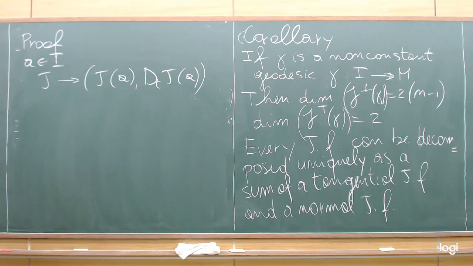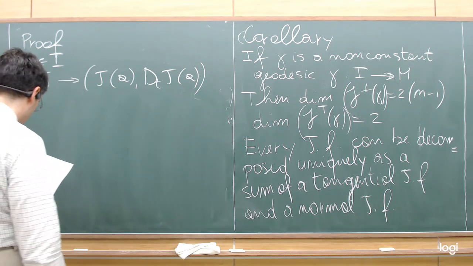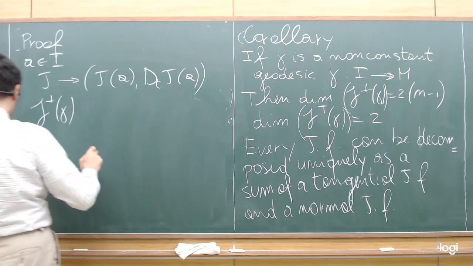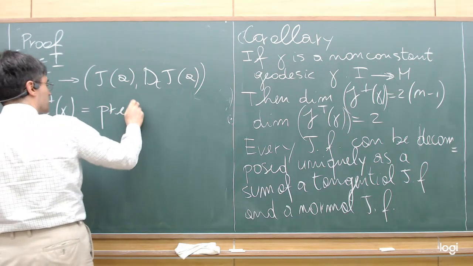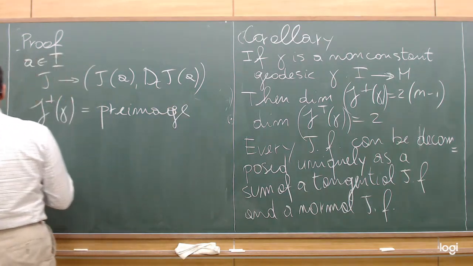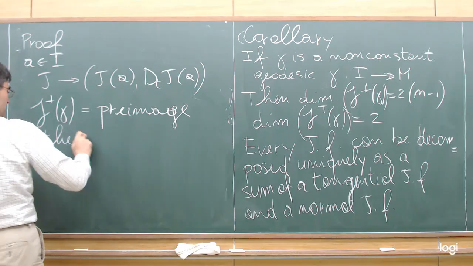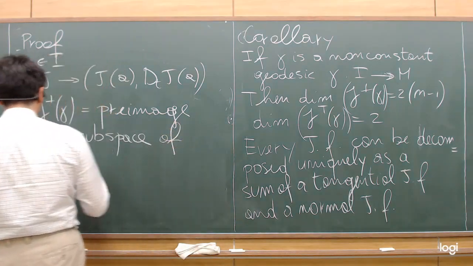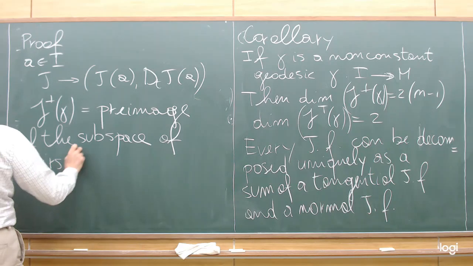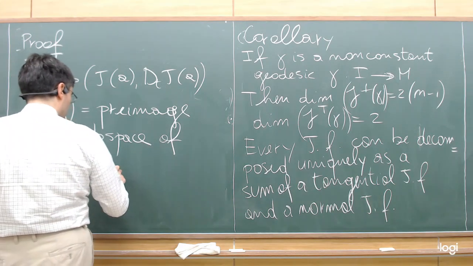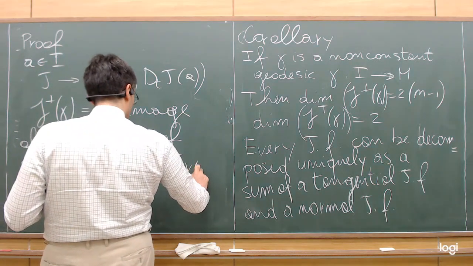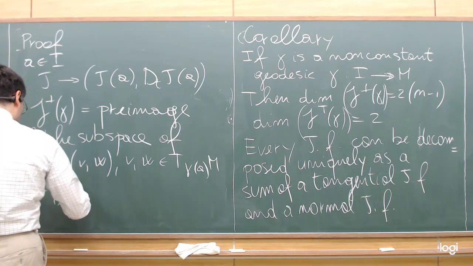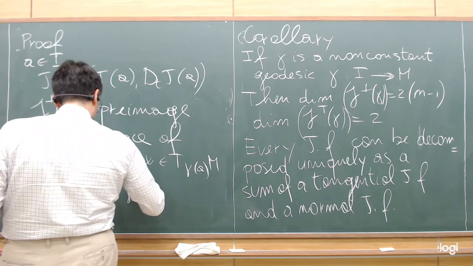The proposition I erased, the one I presented last time, says that J orthogonal gamma is the preimage of the subspace of pairs V, W with V, W in T gamma A M, such that V is orthogonal to gamma prime A and W is orthogonal to gamma prime A.